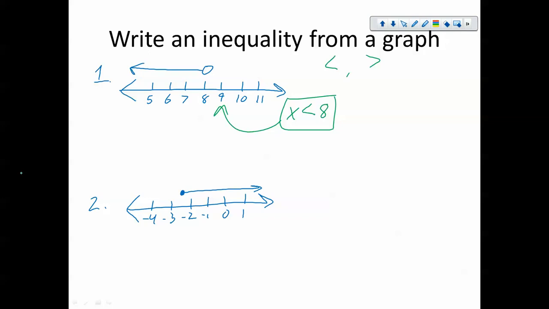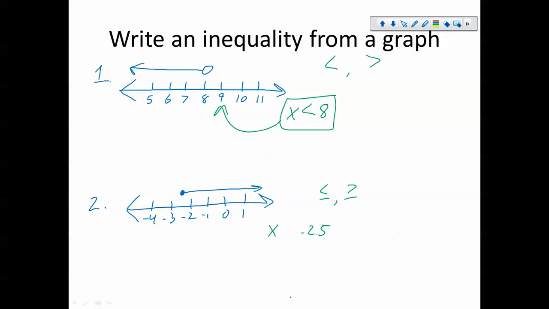Number 2 is very similar. We can see that this is a closed circle this time, which means we're using the less than or equal to or greater than or equal to signs. The dot here looks like negative 2.5 to me. So what symbol do we want to use in between?